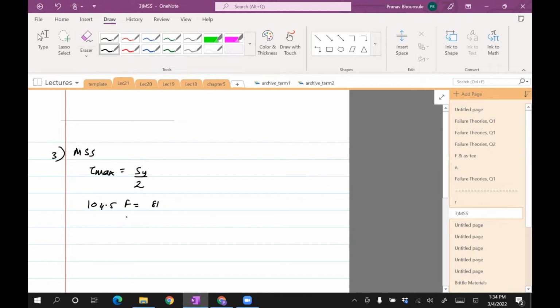In this case, everything on the left is in psi, so I need to convert this to psi instead of kpsi. That's a factor of 1000, divided by 2. And from this, we can solve for F. F comes out to be 388 lbf.